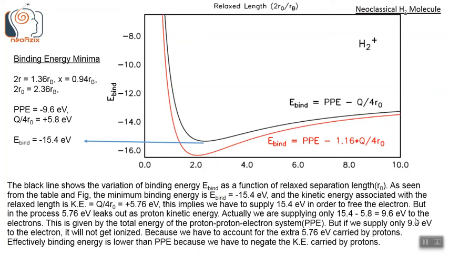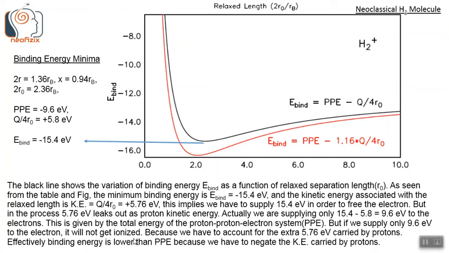But if we supply only 9.6 electron volt to the electrons, it will not get ionized, because we have to account for the extra 5.8 electron volts carried by the protons. So effectively, binding energy is lower than PPE, because we have to negate the kinetic energy carried by the protons.